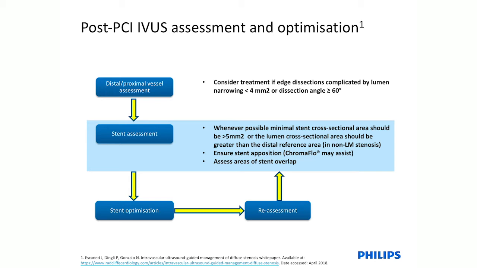Remember that contemporary drug-eluting stents are very delicate structures that are not designed to be handled with longitudinal forces. So you always have to keep this in mind, and if you have difficulty advancing your IVUS, putting excess force on it could lead to stent deformation.